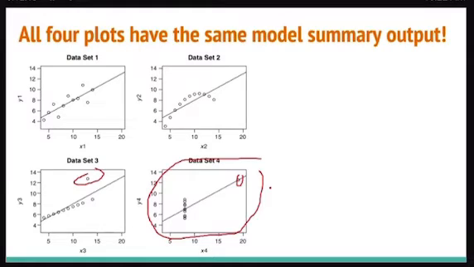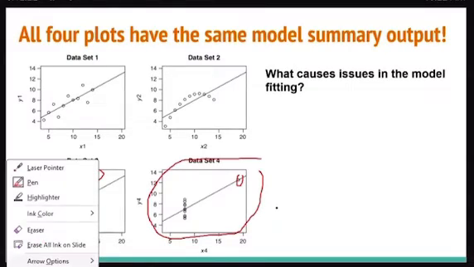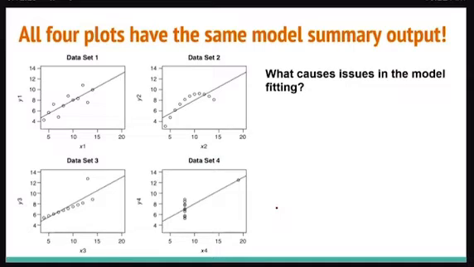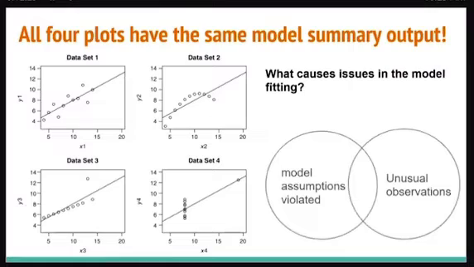Does that make sense? Now, I wanted to take a look at that. Okay, now take a look at this, and I ask a question here. What causes issues in the model fitting? Okay, if you take a look at this, when model assumptions are violated, there will be issues in your model fitting.